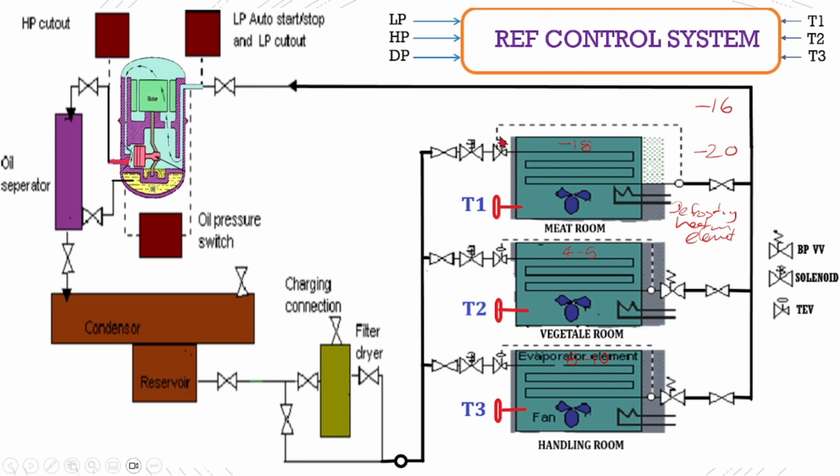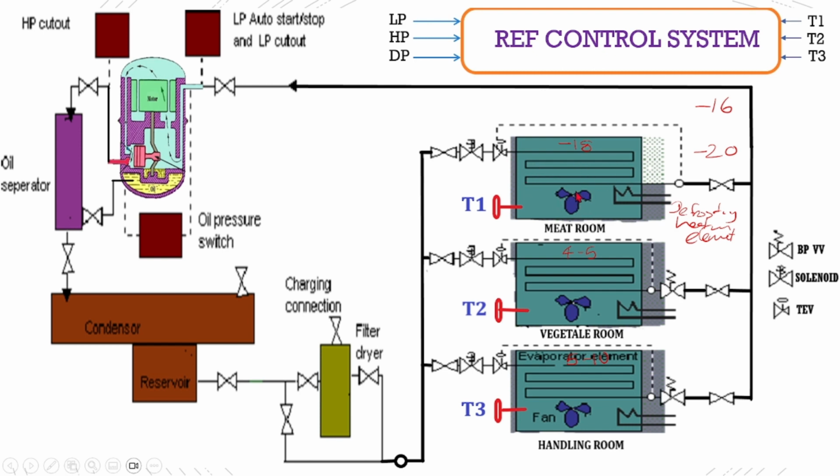As the expansion valve is already open because of the rise in temperature in the room, and the manual valves are also kept open normally, the liquid will start to enter the evaporator and cooling takes place.